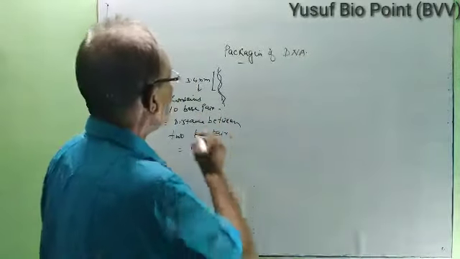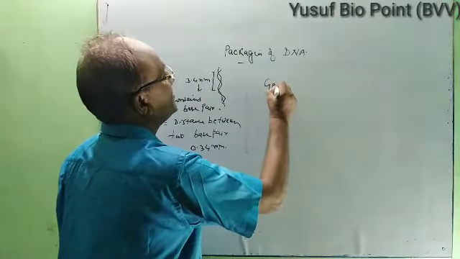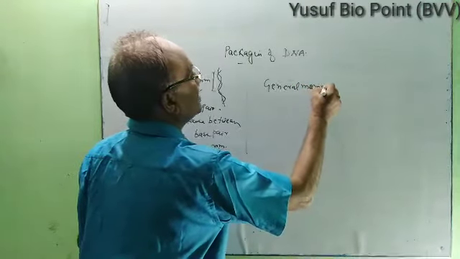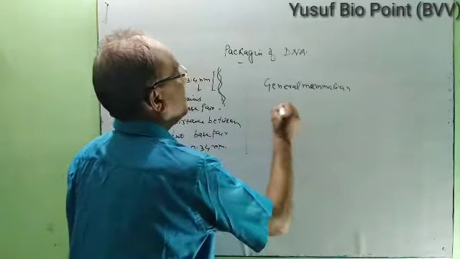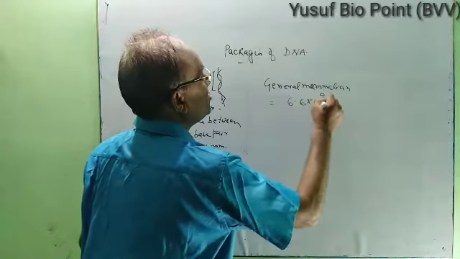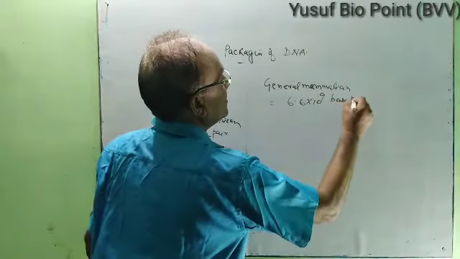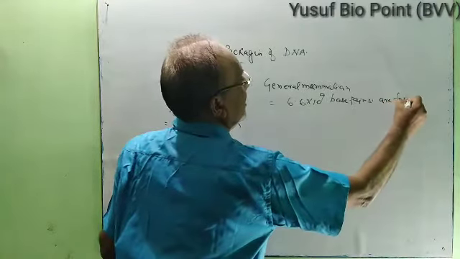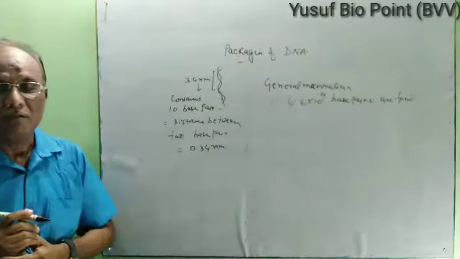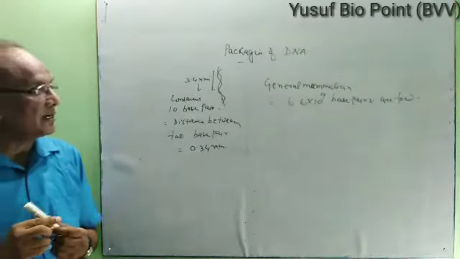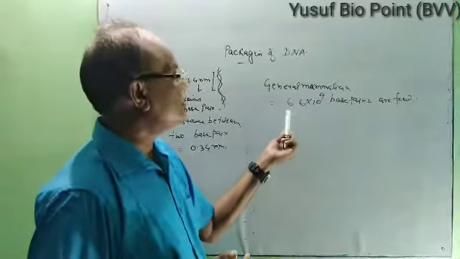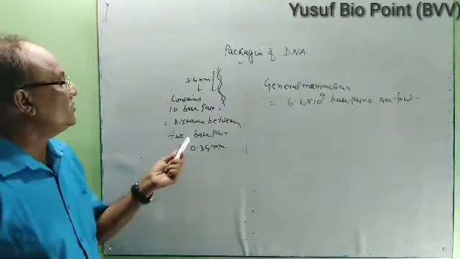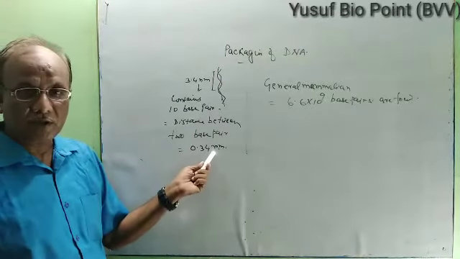And second, in a general mammalian cell, about 6.6 into 10 to the power 9 base pairs are found, and the distance between two base pairs is 0.34 nanometer.